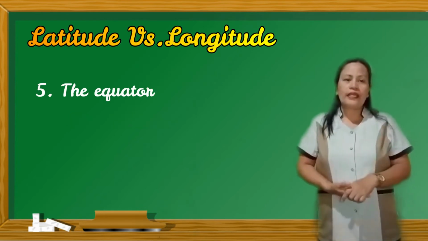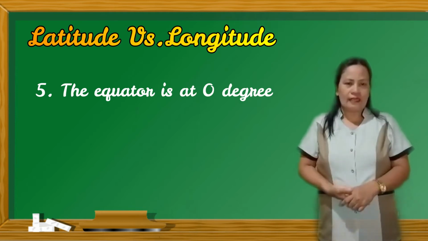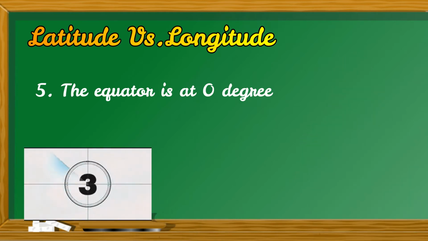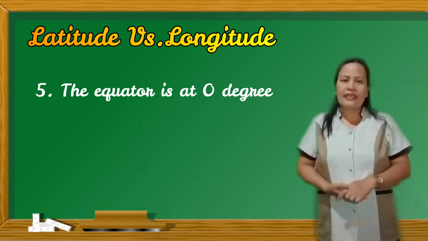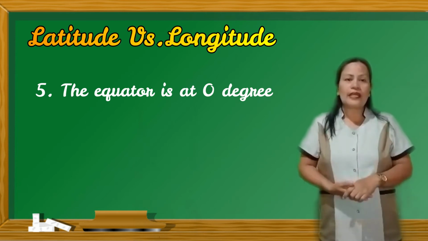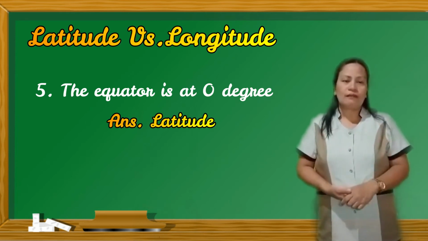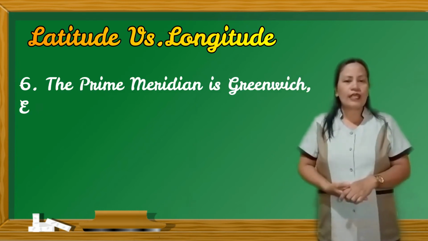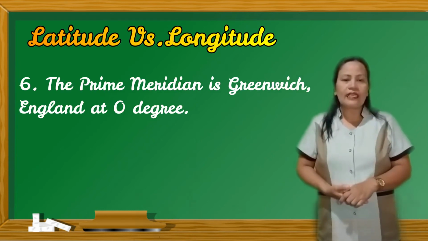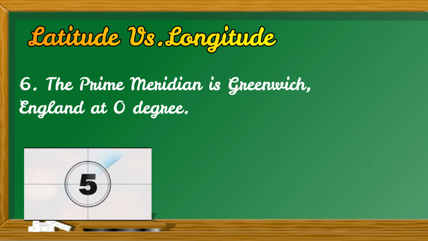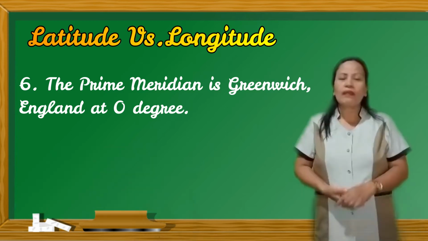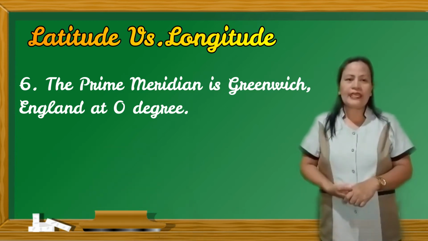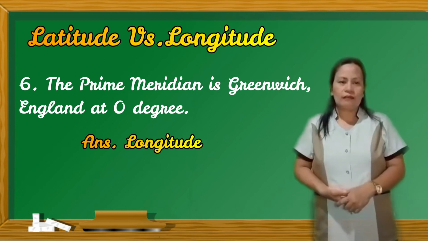The equator is at 0 degree. Amazing! The correct answer is latitude. Number 6. The prime meridian is Greenwich, England at 0 degree. Correct. It is a longitude.